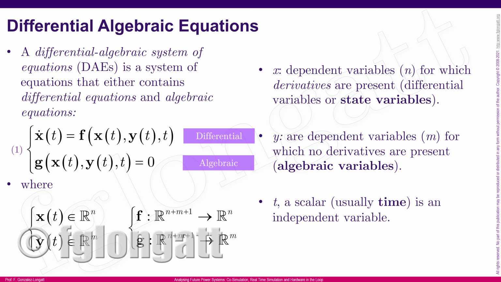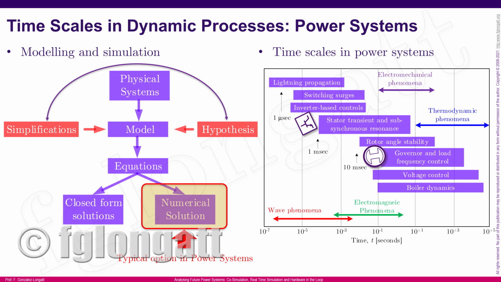I am talking about this because it is very important from the simulation point of view, because this differential algebraic equation has some mathematical properties that allow us to create a very specific tool to solve the equations. What I'm trying to say is that for many years, electrical power engineers have been using what we call time scales in dynamic processes.